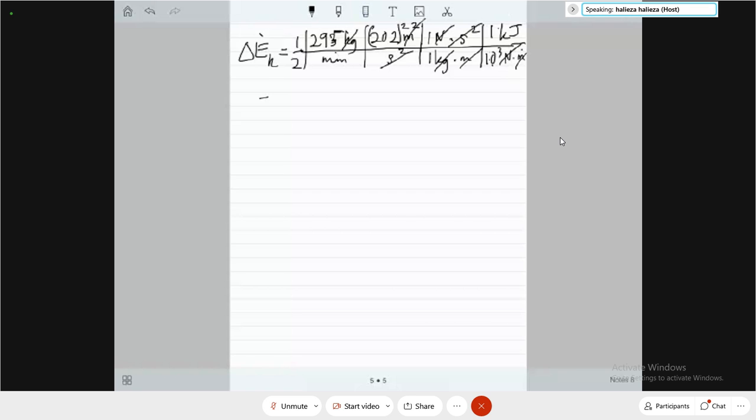So what's the final value for your change in kinetic energy? Is it the same as the textbook, which is 6.02 times 10 to the power of 3? Double check, please. Is that the answer that you managed to get after doing the calculation?